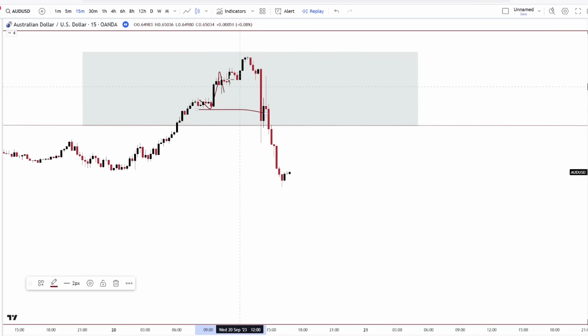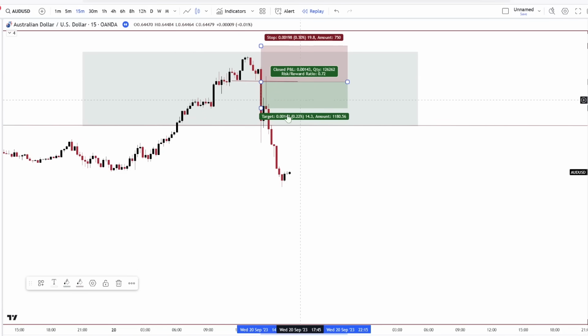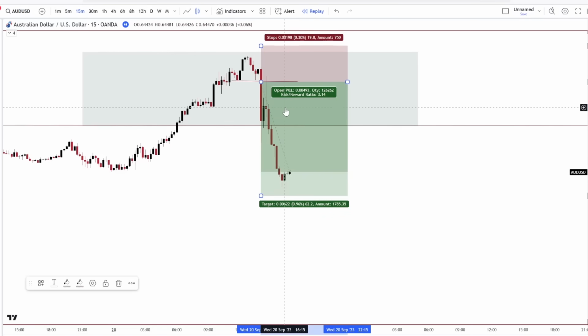So now you're targeting this level, but then price made another range and you could target this level, and at the end price made this range. So your entry would be right below your range, right here. You would enter when price gets below this level, and your stop loss would be right at that high or a little bit above, like I explained in previous lessons.